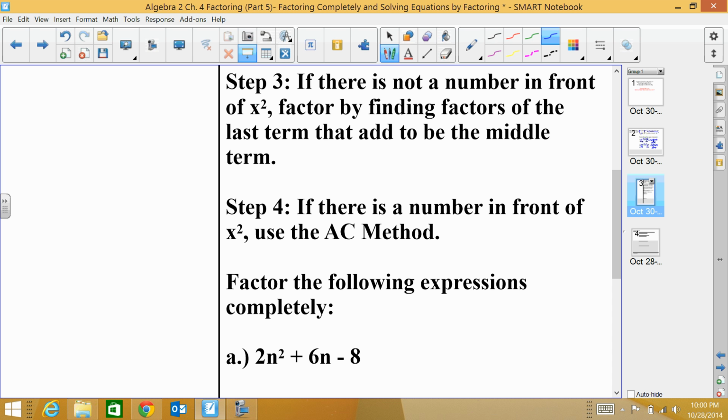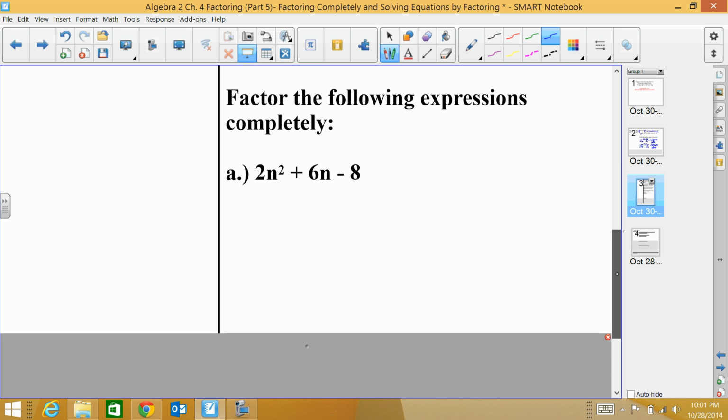If there is a number in front of x squared other than 1, you have to use the AC method. And that would be all the steps that you could possibly do to factor something completely. Now, you won't use all of these steps every time. This is kind of just a checklist for you so you know that you factored completely. So let's take a look at some examples and try factoring completely here.